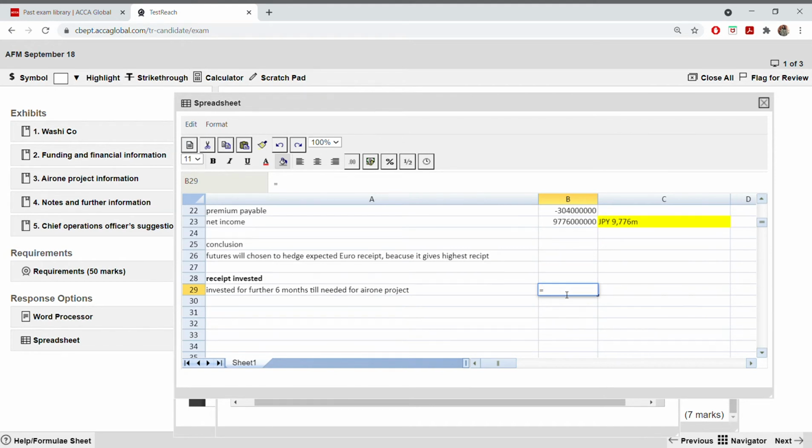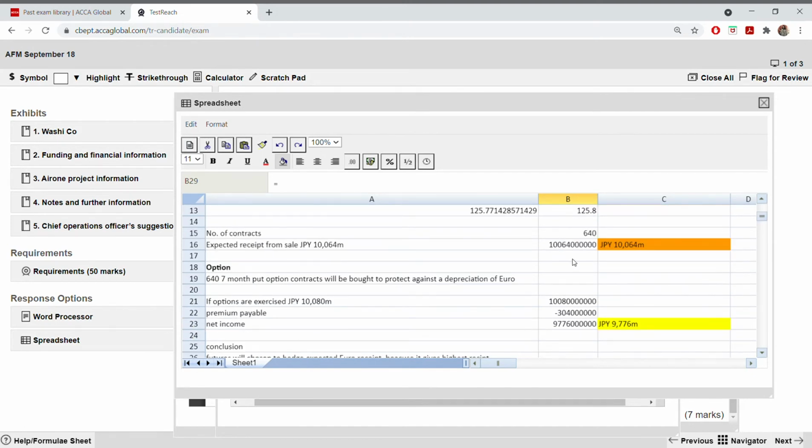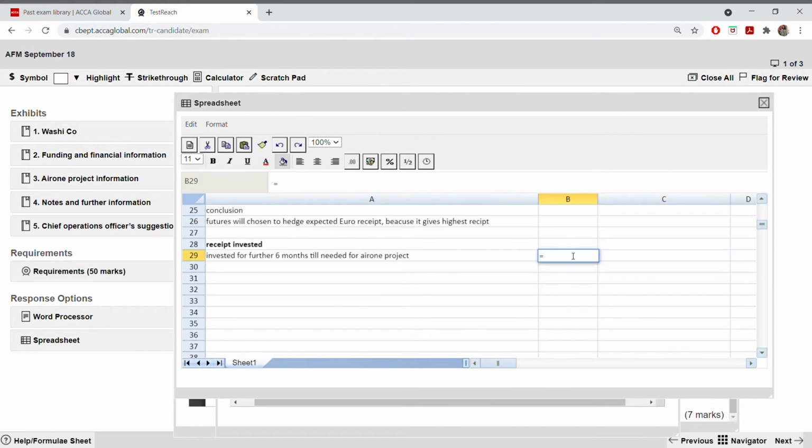So equal to, you can take 10,064 or you can take the whole number. Let's assume we have taken 10,064, and multiplied it by 1 plus the rate.